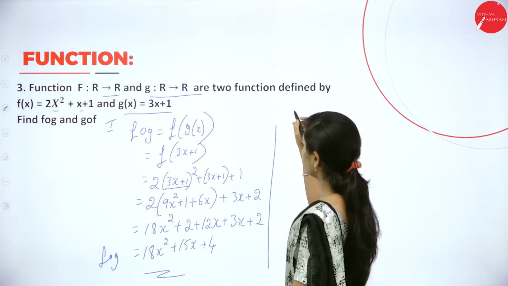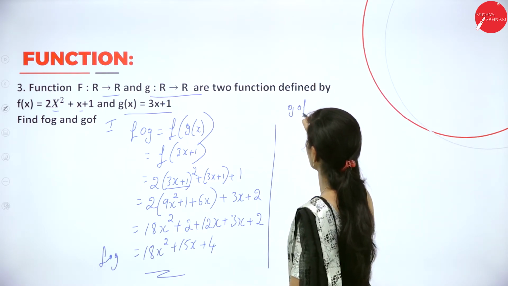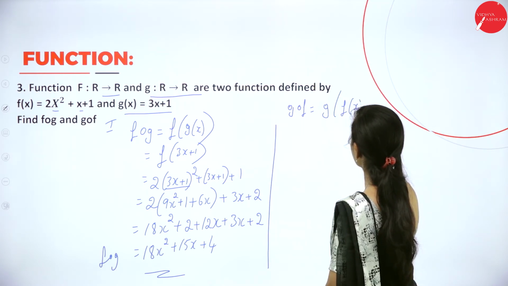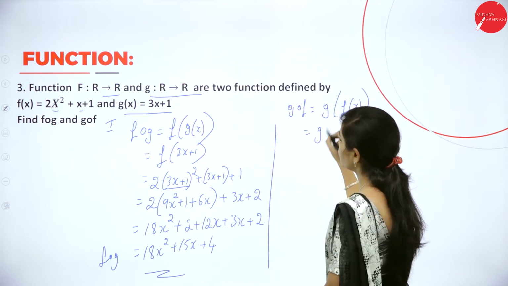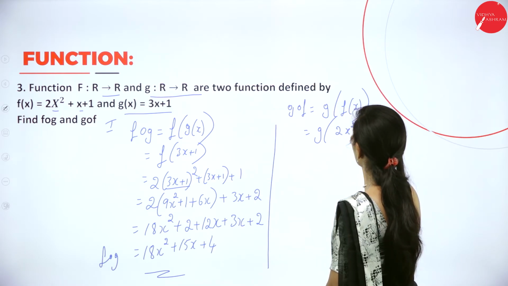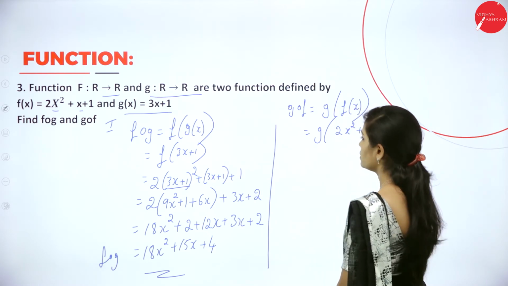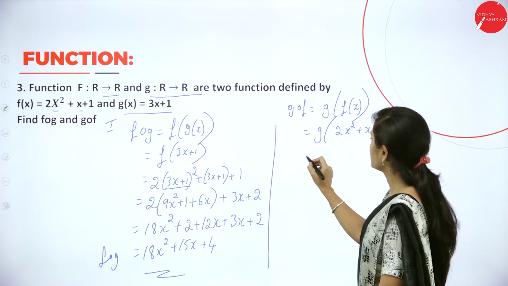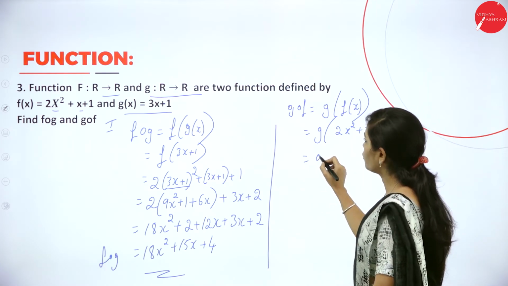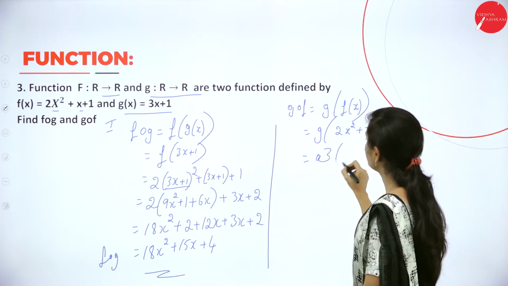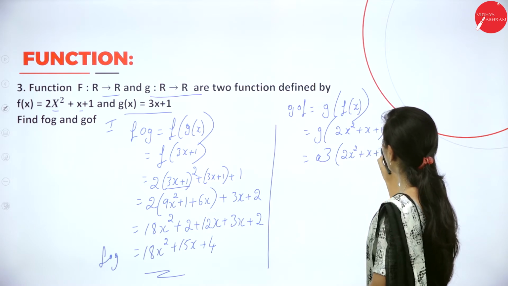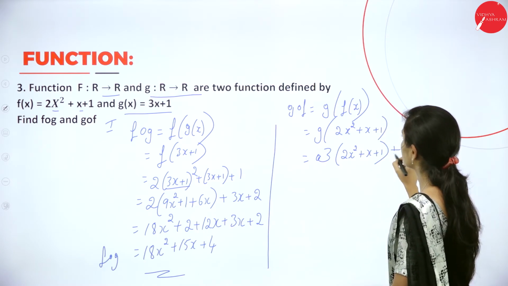And for the second one, we have to find gof, so g of f of x. So what is f of x? 2x square plus x plus 1 is f of x. So this is the x value now. So g of f of x means 3 into (2x square plus x plus 1) plus 1.